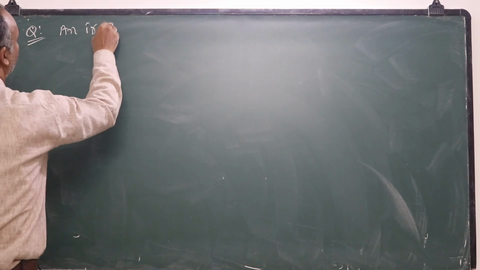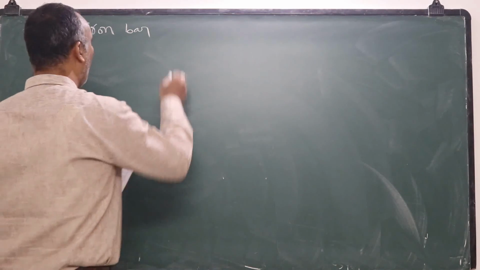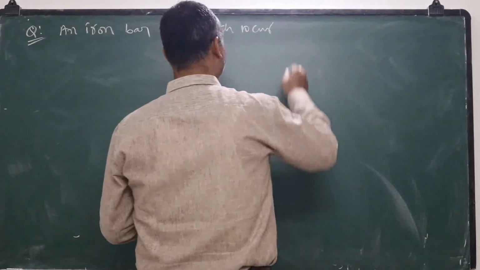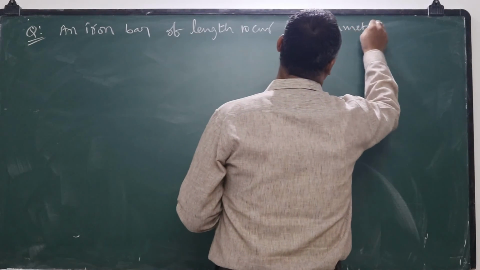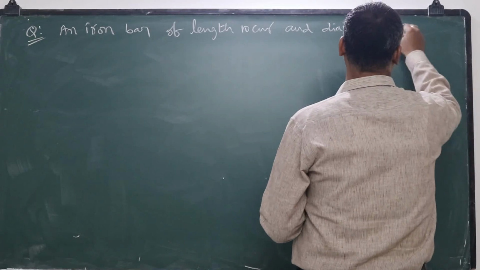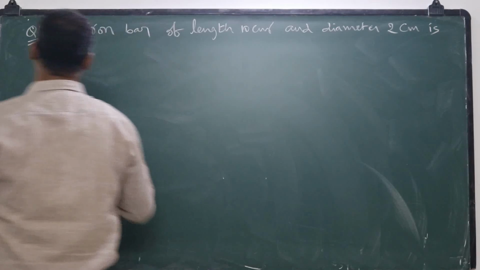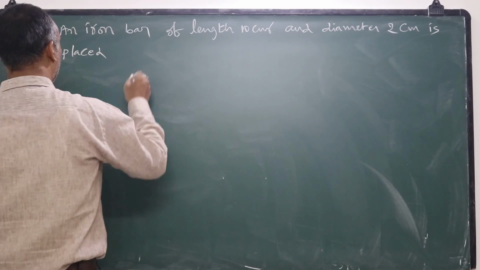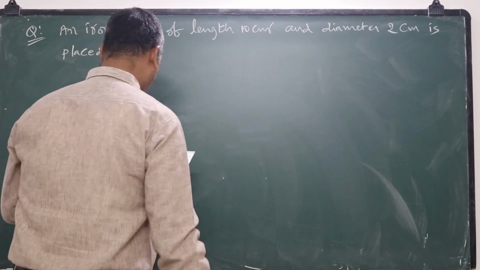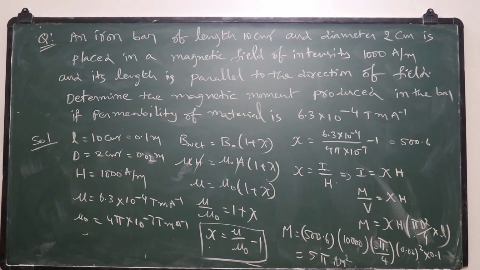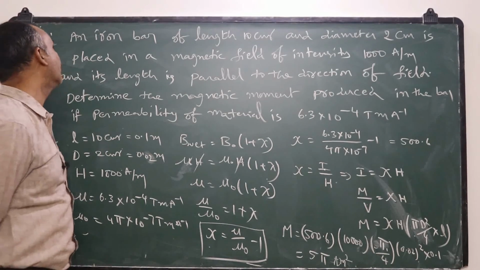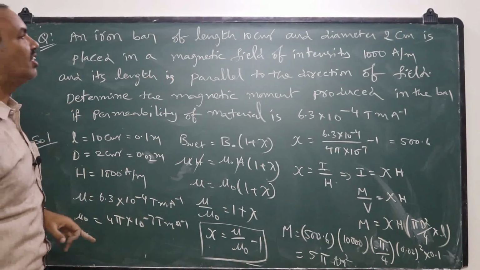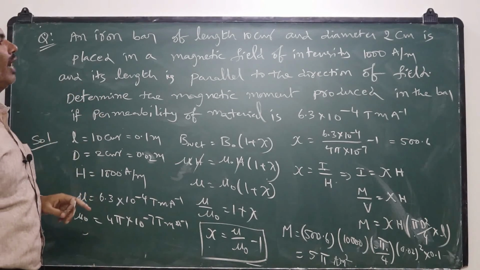An iron bar of length 10 centimeters and diameter 2 centimeters is placed in a magnetic field of intensity 1000 ampere per meter and its length is parallel to the direction of the field.